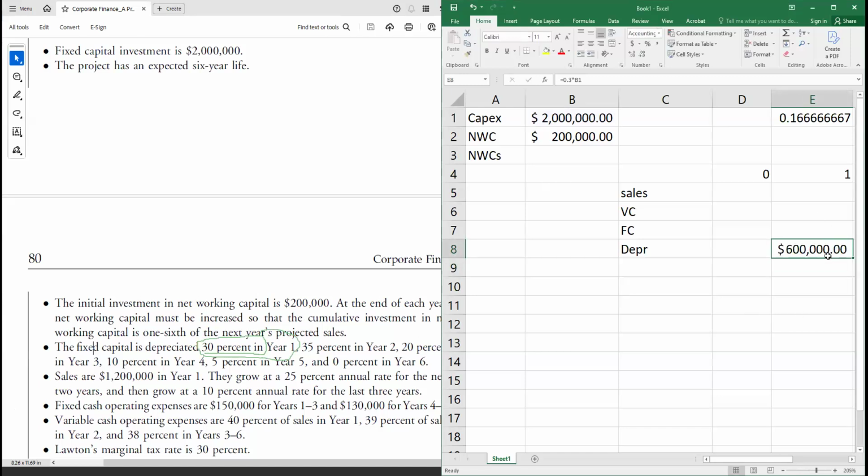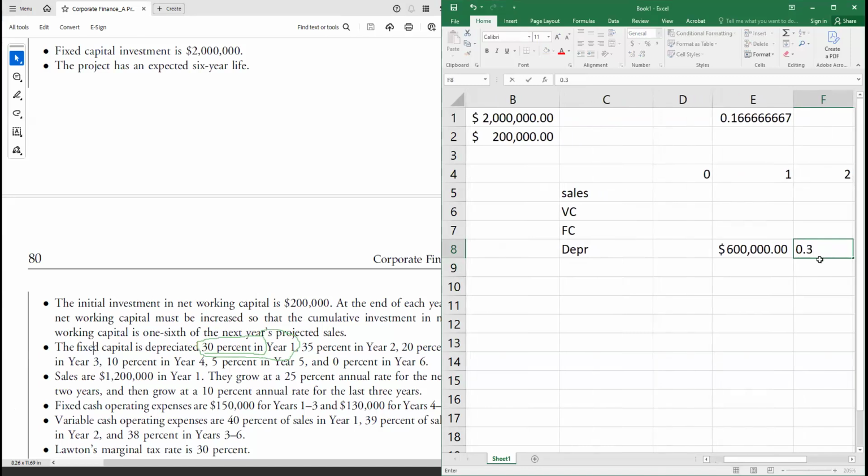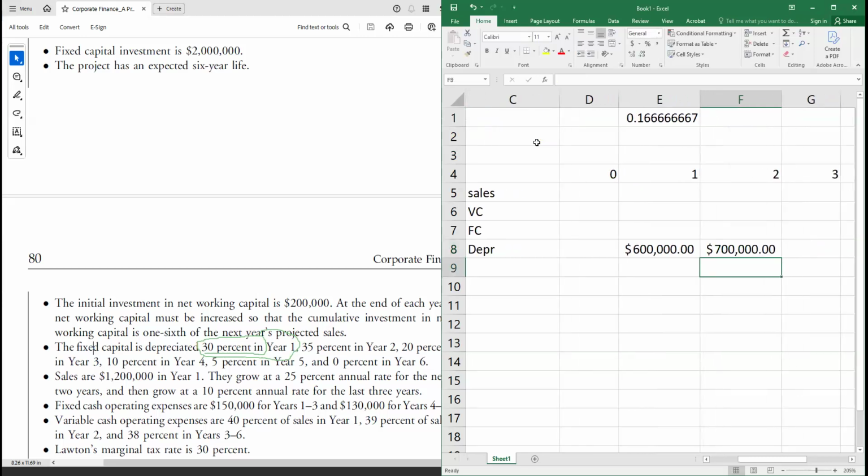Then 30% in year, again, 35% in year 2. And 20% in year 3. Again, CapEx.